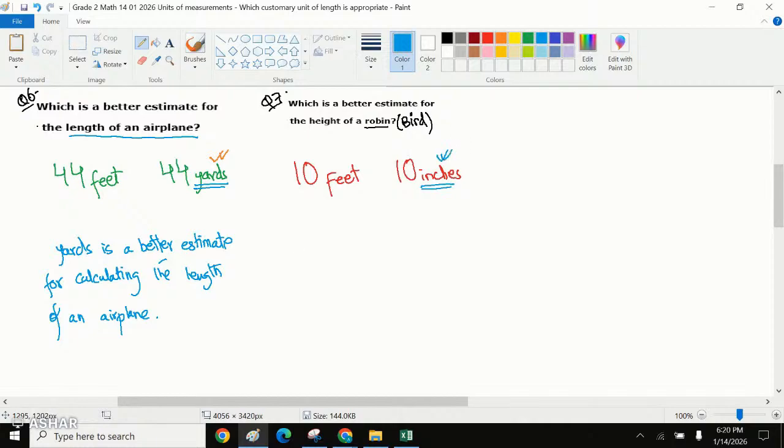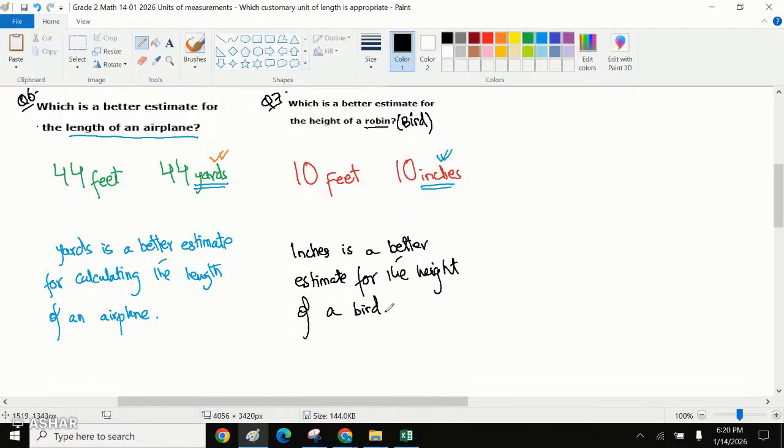So we say inches is a better estimate for the height of a bird, right? That is robin. Thank you. So what we are doing is we are just trying to see, we are not trying to calculate anything, we're just trying to see which is a better option for us.